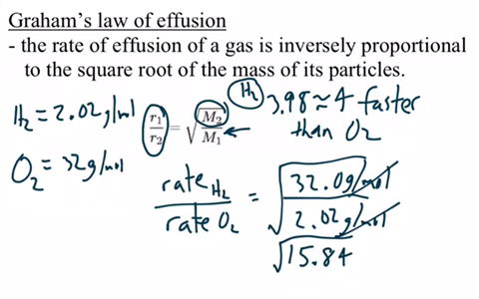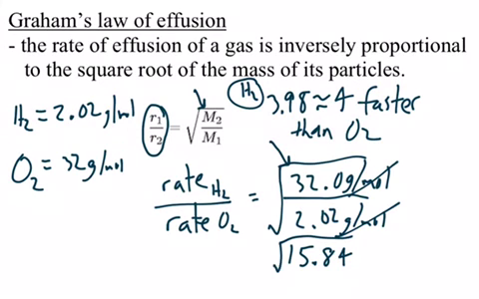If you're being asked to find the heavier one, then you're being asked to find the top one. That's the way you set it up. If you're being asked to find the lighter gas, then you're looking for this one down here. So you just got to read the problem to see if they want you to find one of the molar masses. Always remember that the way we set it up, the heavier one is the one we put at the top, just like we did over here.